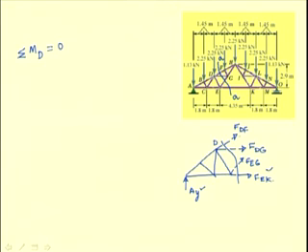Since these two forces FDF and FDG are concurrent at D, their moments are 0, and we only have the moments of the force FEG, the force FEK and the force Ay in the moment summation equation.